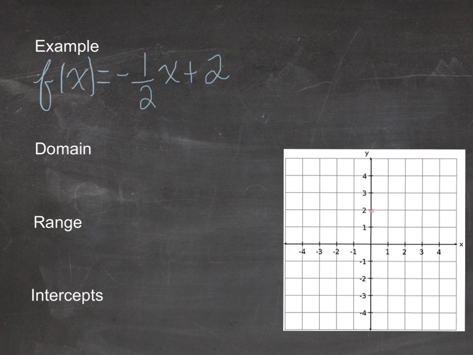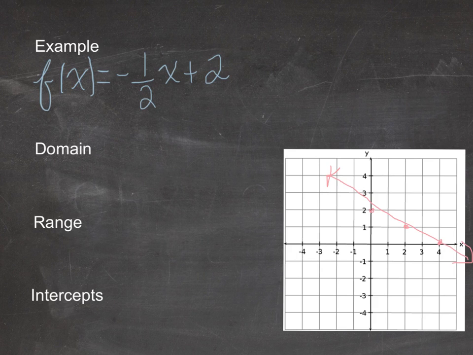So I'm going to go down 1 over 2, and then down 1 over 2. Okay, so that is really messy, but that is my line, y equals negative a half x plus 2.